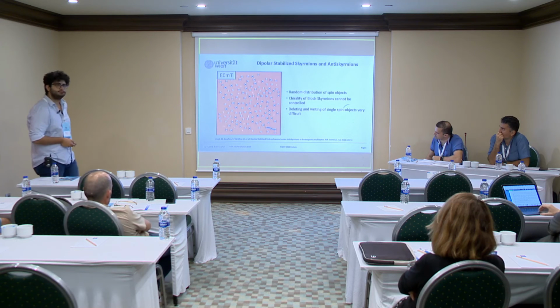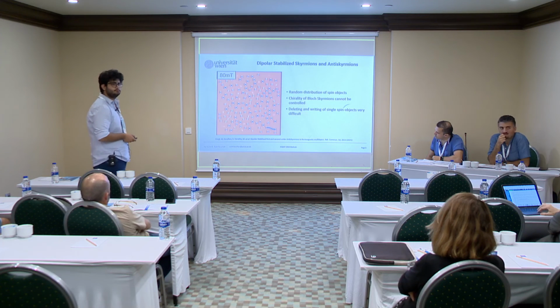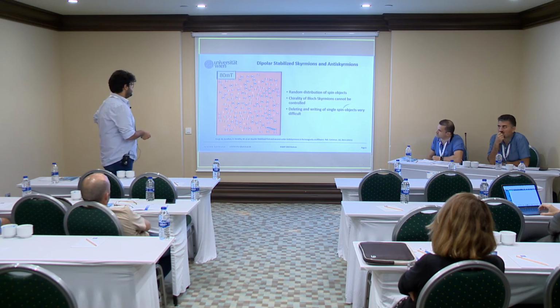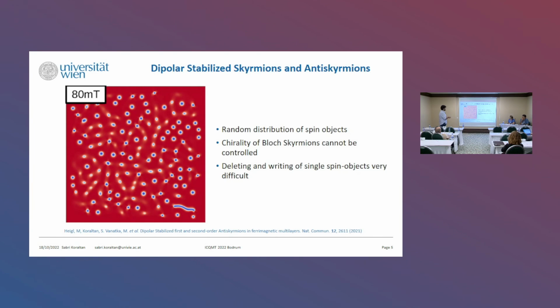So this means that they are also not free to move independently. They are, but the snapshot is taken at 80 millitesla, and there was a stripe domain here, and this stripe domain most probably collapsed at 79.5 millitesla. I took the snapshot exactly when I saw that they are enough structures. If you increase the field by 0.1 millitesla, then you also get rid of this, so they're really isolated. Okay. All right, thanks.